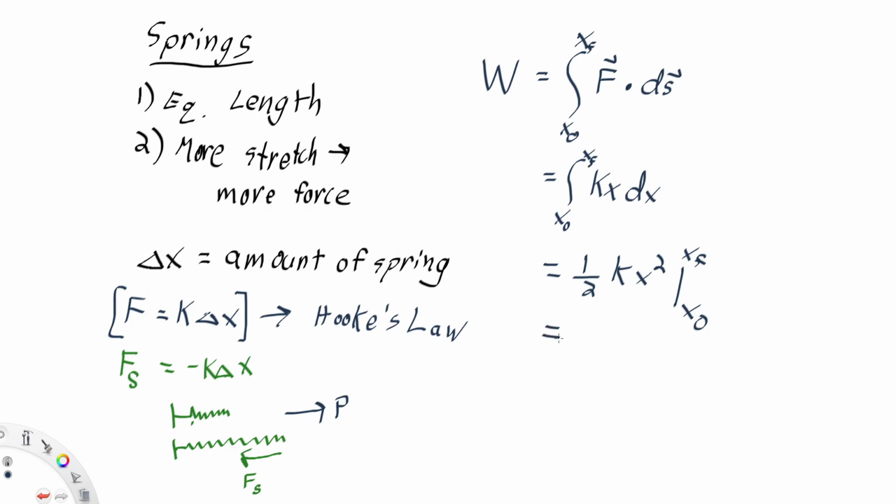And we'll end up defining, rather, that the amount of energy stored in a spring at its equilibrium length is 0. So it doesn't store any potential energy when you're not stretching or compressing it.